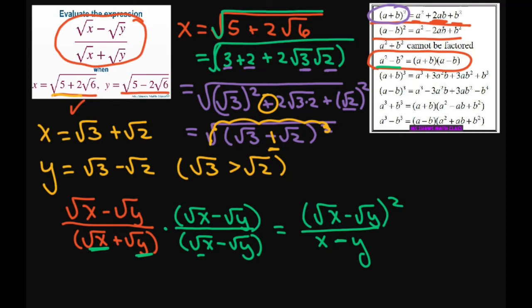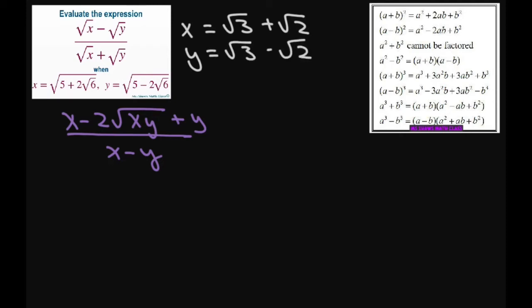And so that one is going to be using this formula here, and that's going to give you x minus 2ab, so we can put this together, xy, and then plus y, all divided by x minus y. All right, so let's see what we get. We have x minus 2 square root of xy plus y divided by x minus y.